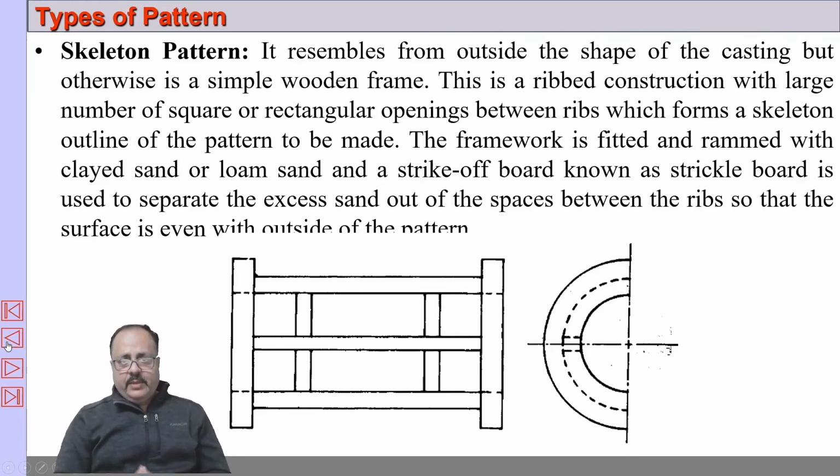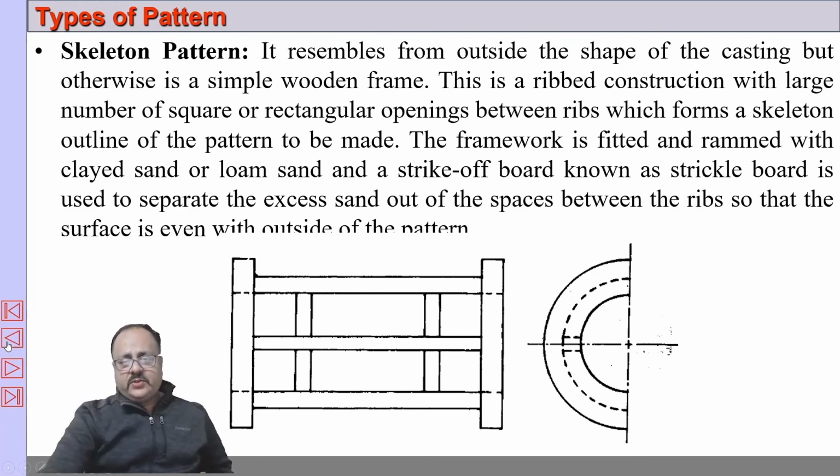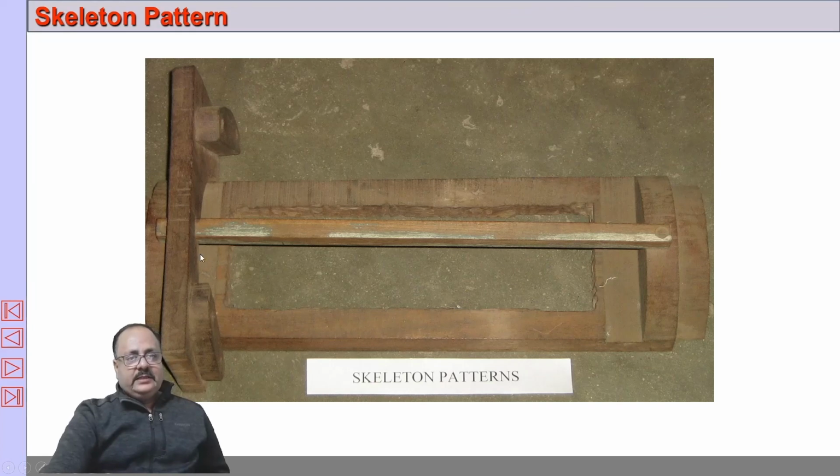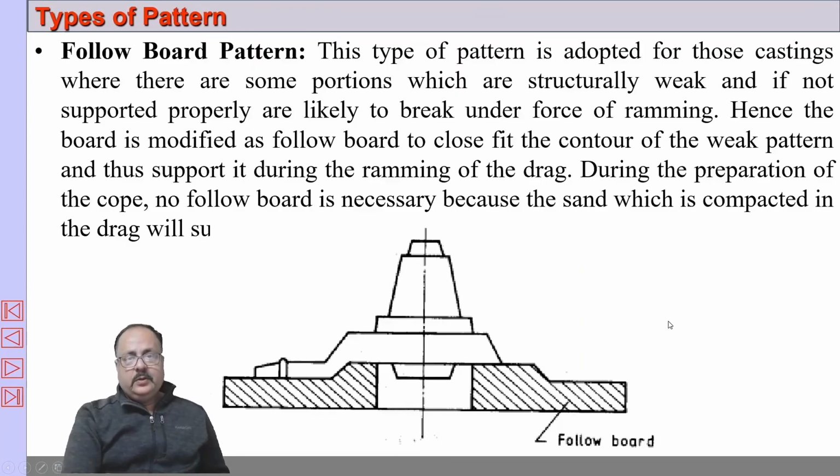You pack it with the loam sand, and there is a strike bar. The excess sand is removed by the strike bar to give it its final shape, just like a skeleton. And you can say the loam sand forms the muscle. This is a strike bar. Fill it up with loam sand, then with the strike bar you remove the excess sand and give it a shape.